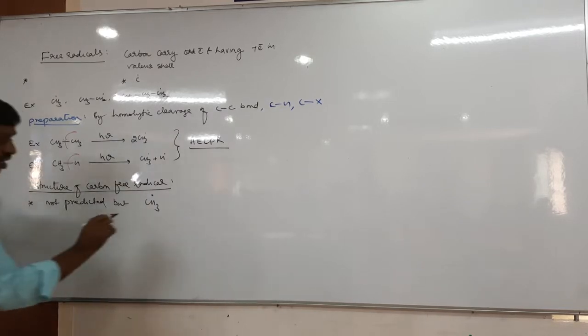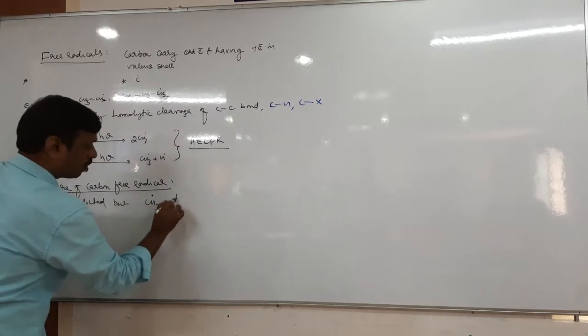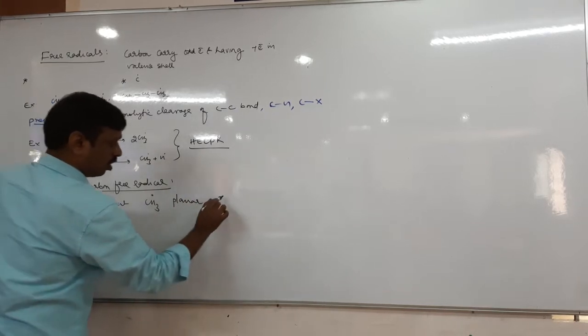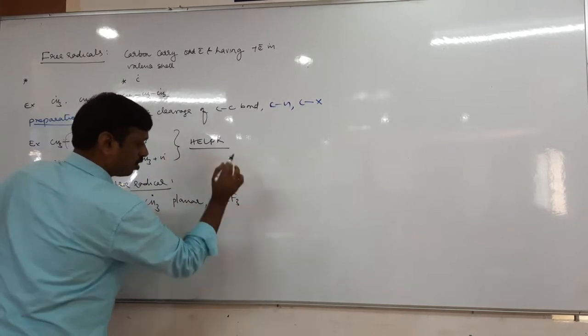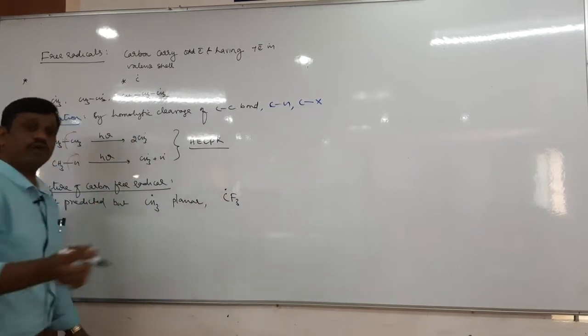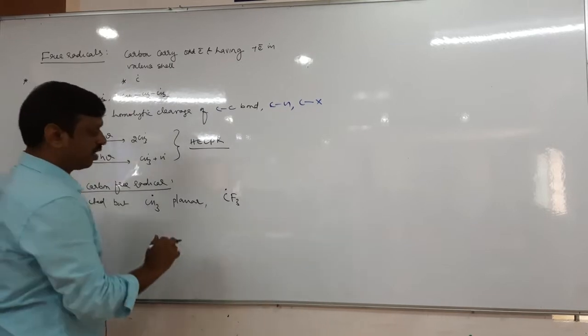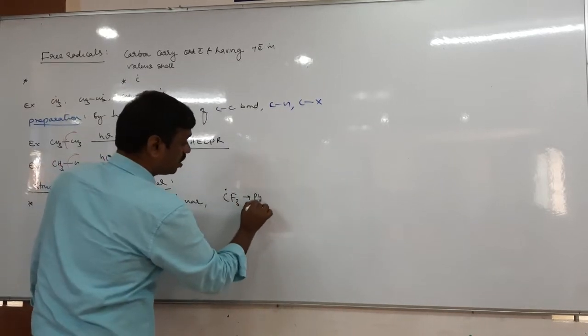These free radicals have planar geometry, and if the carbon has an electron withdrawing group like fluorine or chlorine, as in the trifluoromethyl free radical, it has pyramidal geometry.